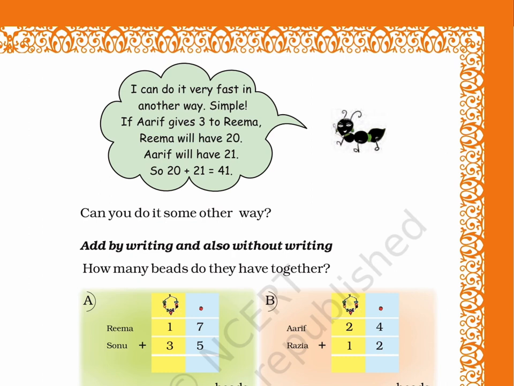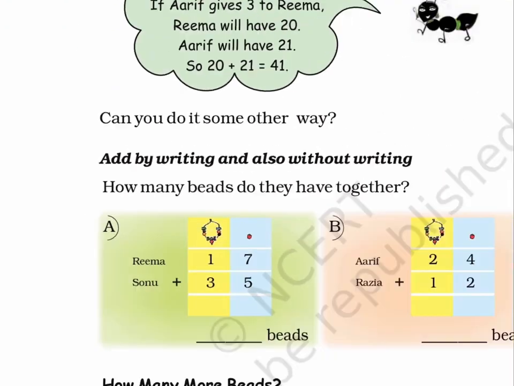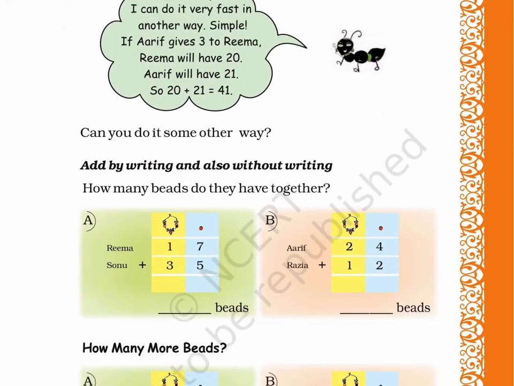Simple. If Arif gives 3 to Rima, Rima will have 20. Arif will have 21. So 20 plus 21 is equal to 41. Question. Can we do it some other way?